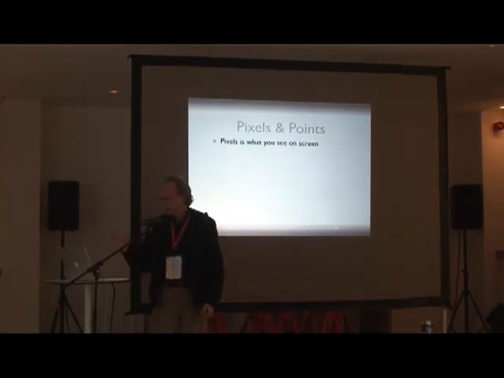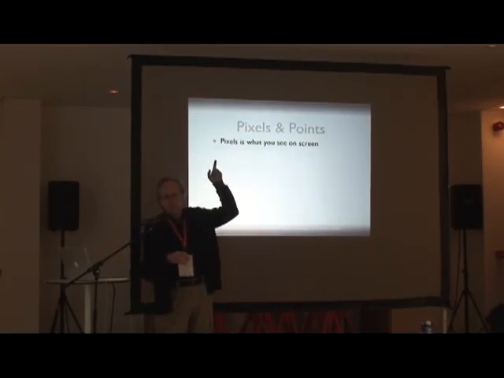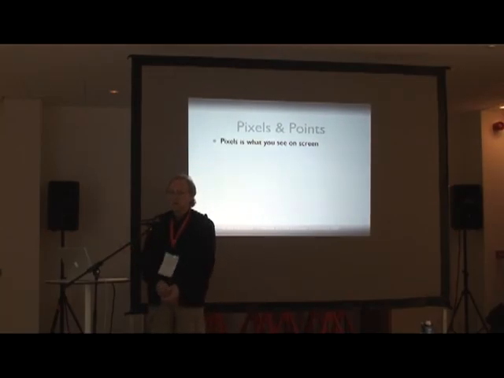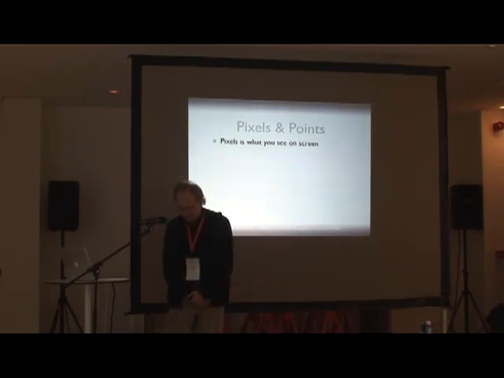We define pixels when we talk about what's your screen area, how large is your screen, and we'll say, well, it's 1024 by 768 or 1200 by 900 or whatever. That's how many pixels fit within a given area. An image could be X pixels wide or X pixels high.